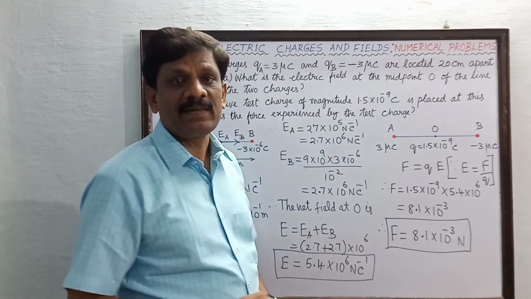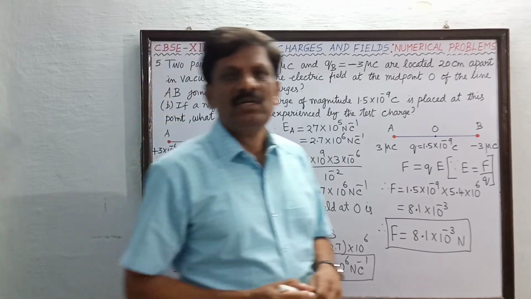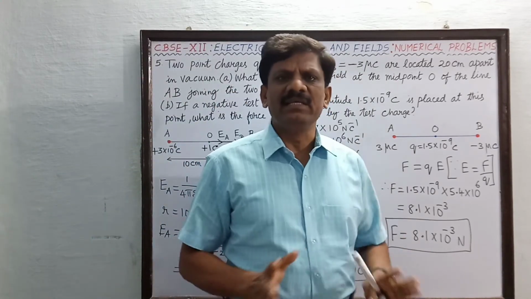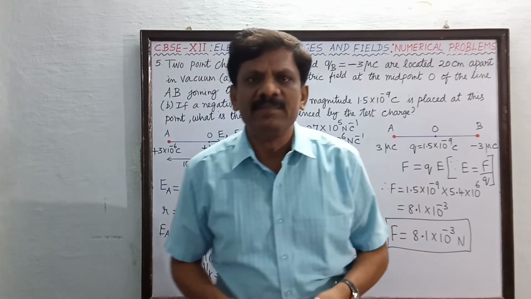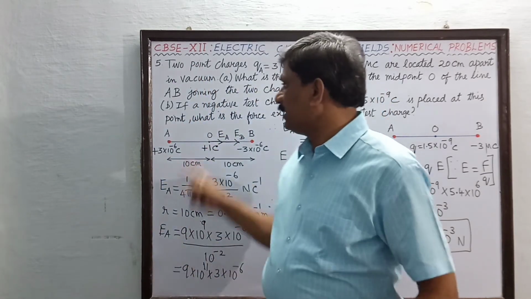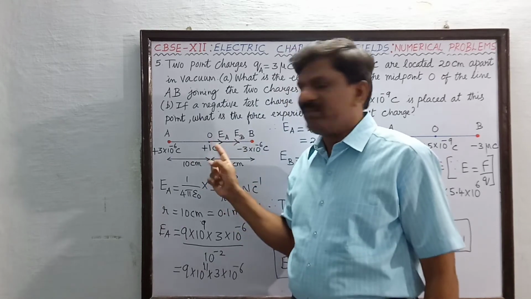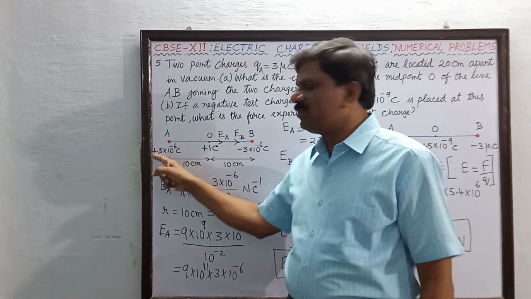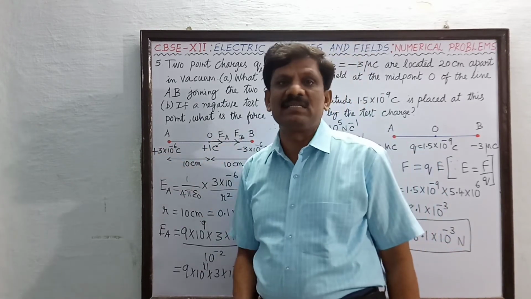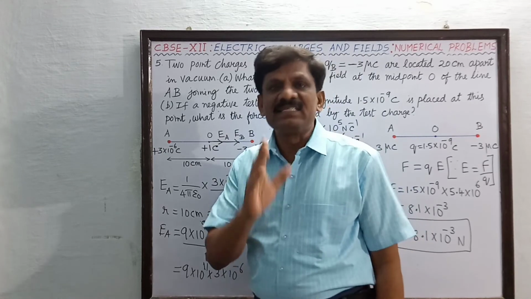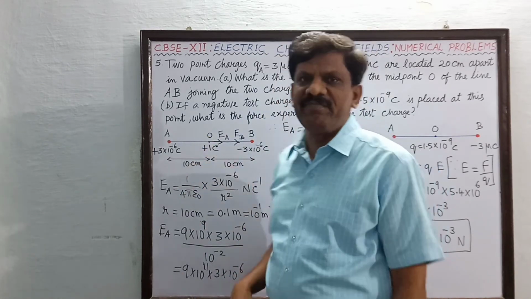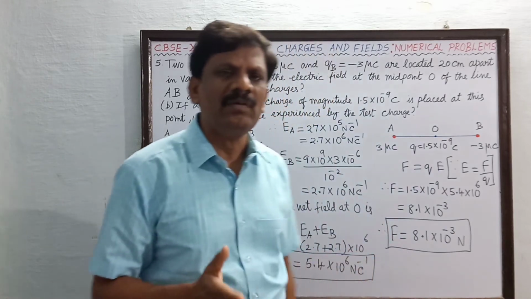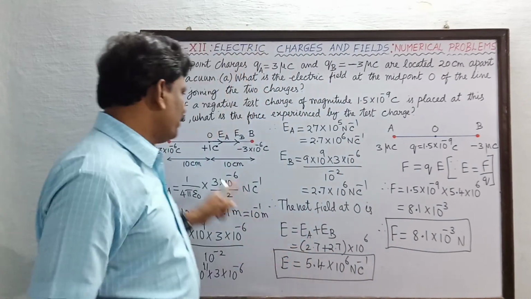This is the answer. Okay, students. So, first thing is, you should not misunderstand that at the midpoint, the electric field due to two equal and opposite charges is 0. That is a misunderstanding. If you want to find the electric field at any point, you have to place a test charge of plus 1 Coulomb.